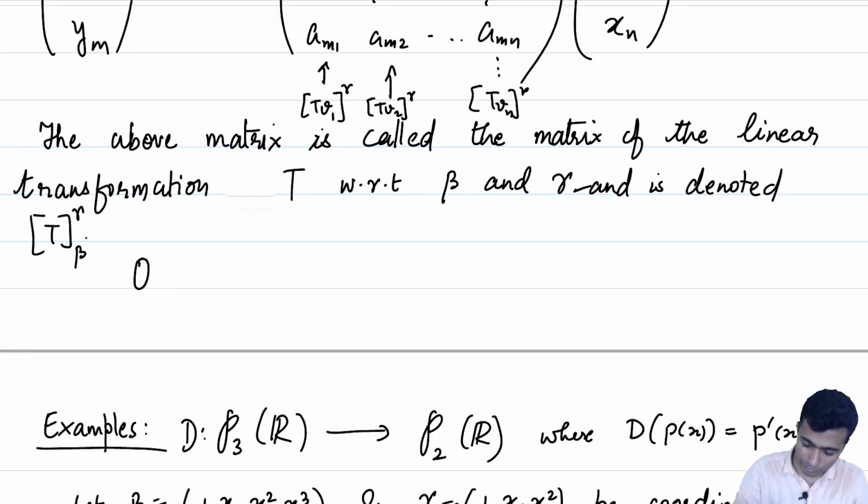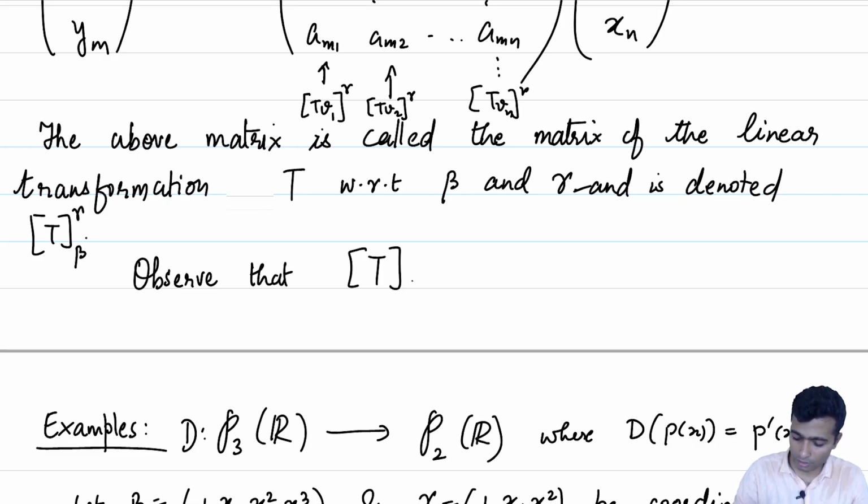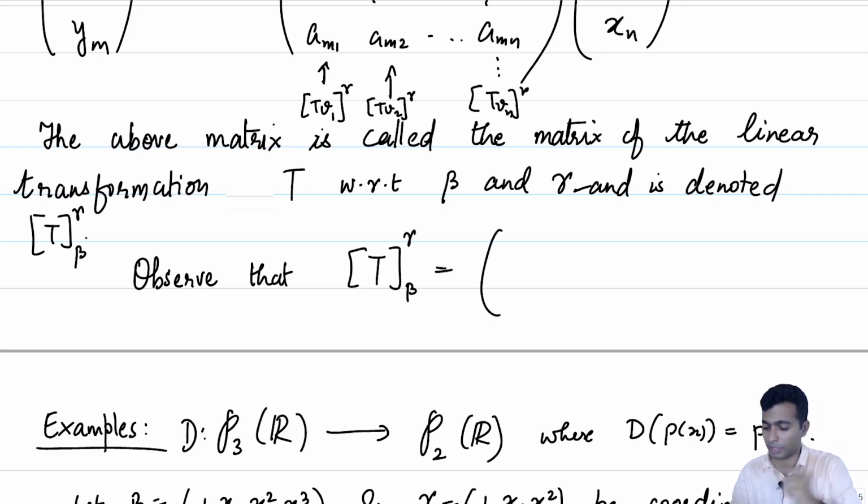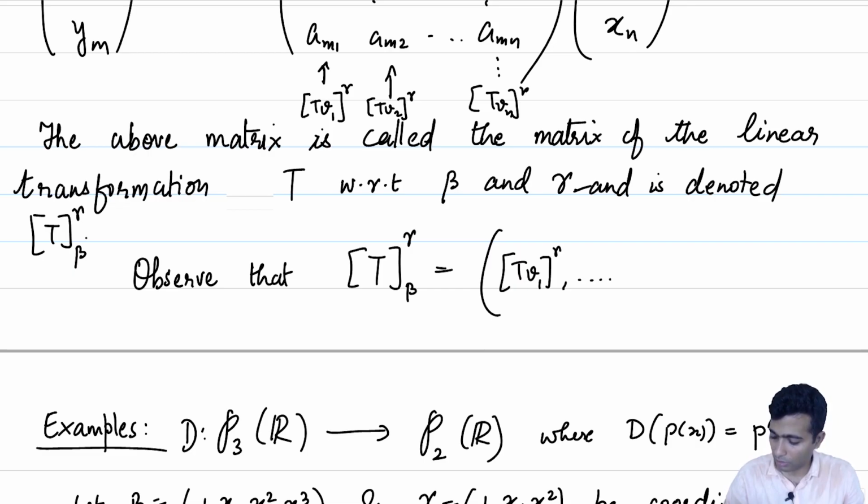So observe, let me add something here. Observe that T beta gamma is nothing but this particular matrix where the columns are TV1 with respect to gamma, up to TVN with respect to gamma.